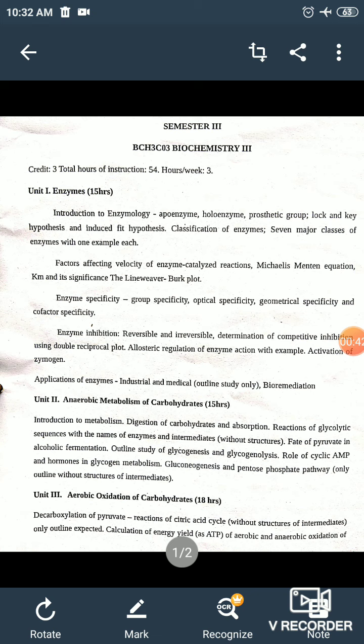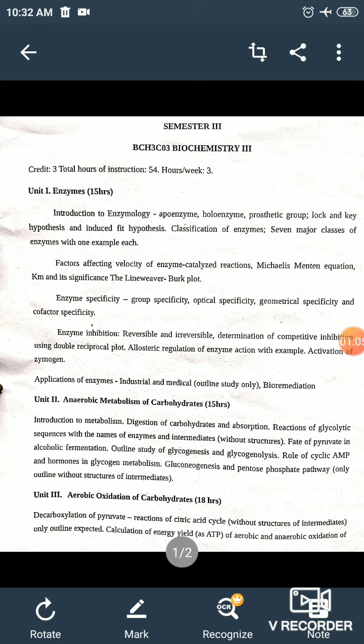So you know something about metabolism. Metabolism is the chemical reactions which happen in a cell, which lead to generation of many molecules and utilization of many molecules. So metabolism is comprised of anabolism and catabolism, which we will study later.